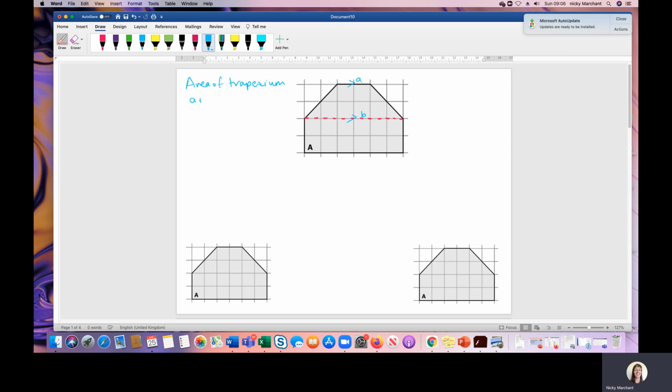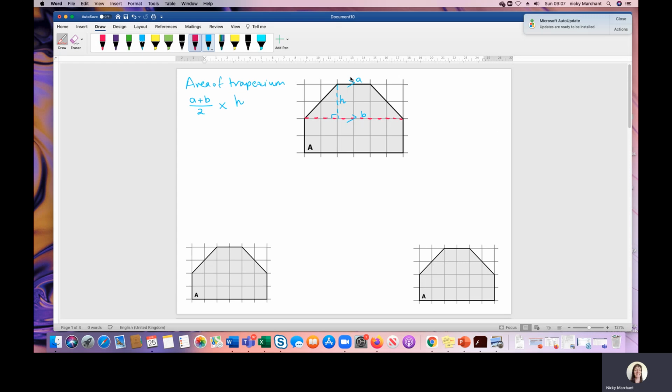You have a plus b and you halve it, which means you're finding the average of your parallel sides. You're taking a bit off one and adding a bit onto the other to make them the same length, and then you're multiplying by your height. Now your height in any mathematical shape is always at right angles to the base.